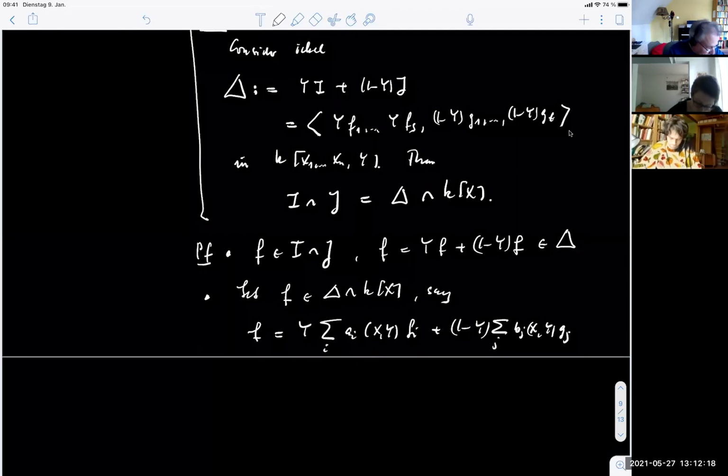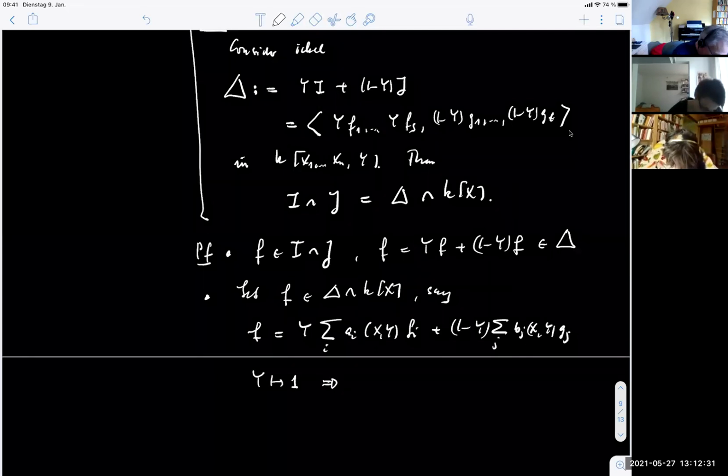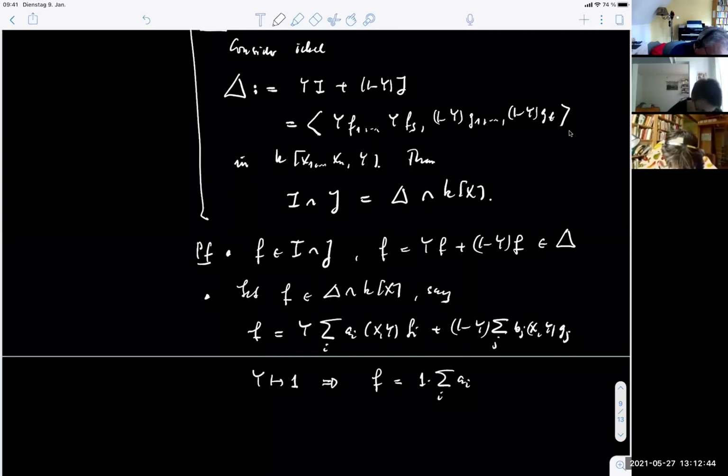Now I just make a substitution. If I substitute y by 1, f doesn't depend on y, so f is unchanged. What I get is the sum of a_i(x,1) times the f_i's, and this whole other part disappears, because the y becomes 1, so this becomes 0.